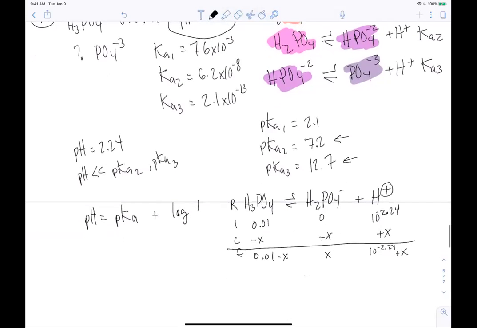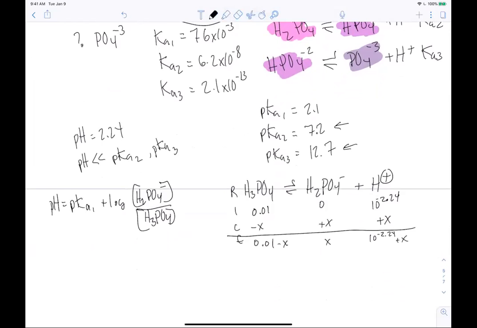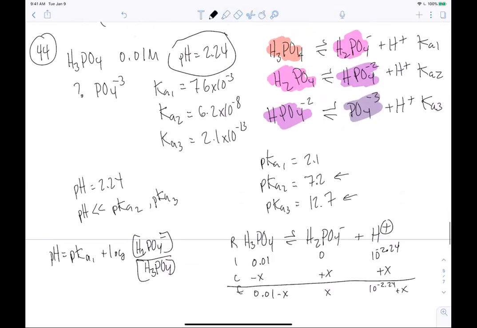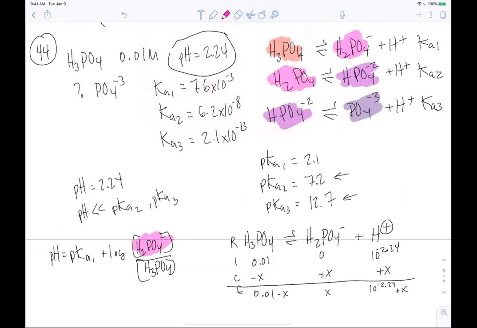I don't know how much faster this really is, but you could say the pH is equal to the pKa, let's say pK1, plus log of H2PO4 minus over H3PO4. And so you could solve for this from that equation.